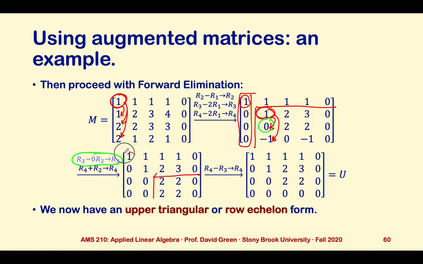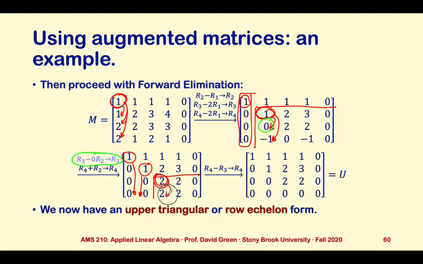Verify. We now have one column that's an entry and all zeros. The next pivot, down a row and over a column, also has all zeros below. We've successfully got rid of this. We now do the last step of forward elimination. We identify the pivot in row 3, the first non-zero entry in row 3.